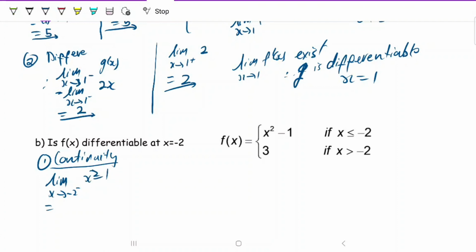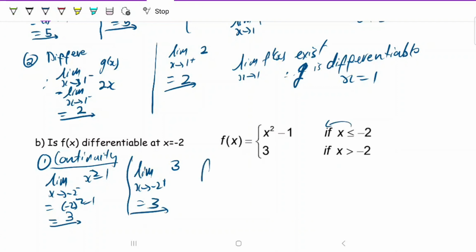If we substitute negative 2 squared minus 1, we can clearly see that gives us 3. We can then check the limit from the right. The limit as x tends to negative 2 from the right just gives us 3.